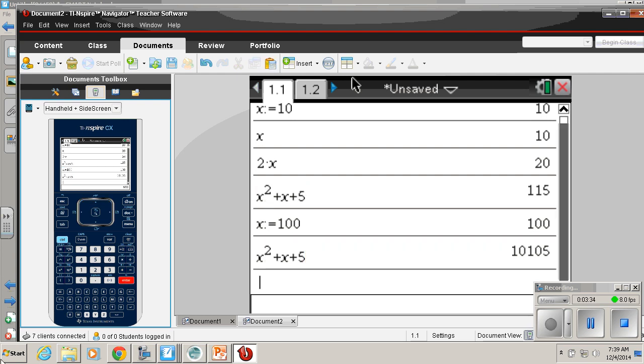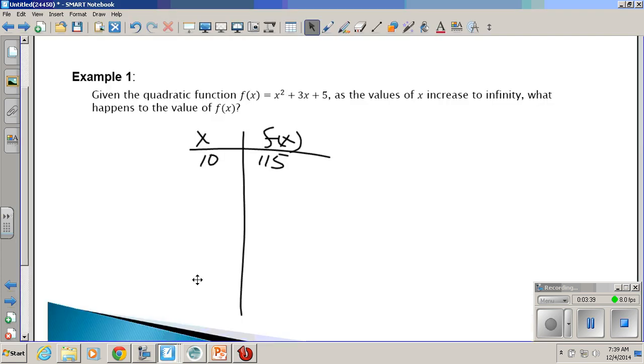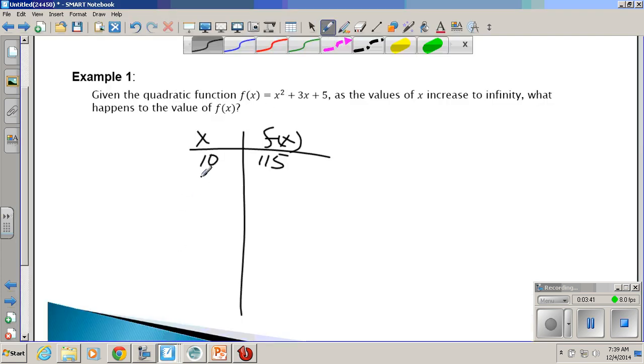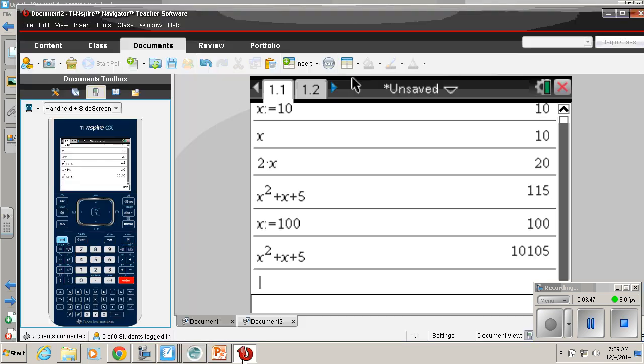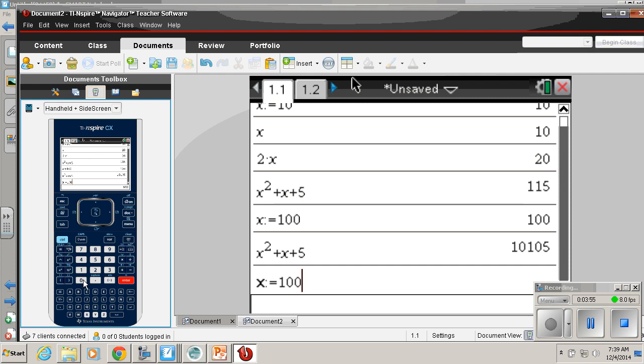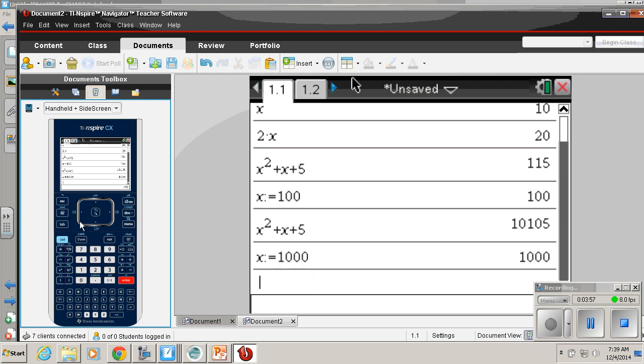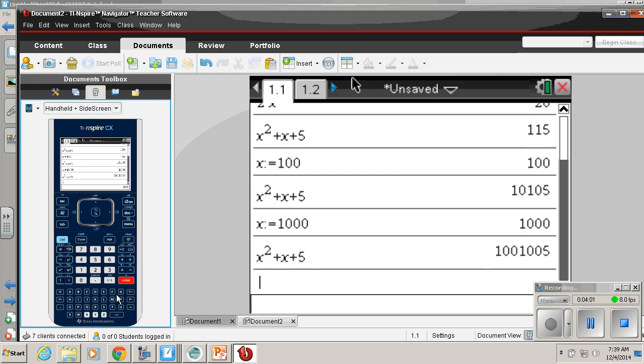So 100 would be 10,305. All right, let's try x is 1,000. If x is 1,000, then the equation f of x would be that number.